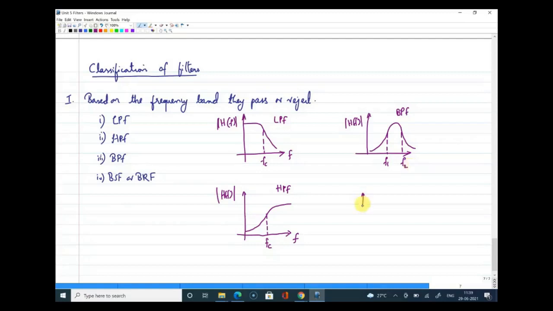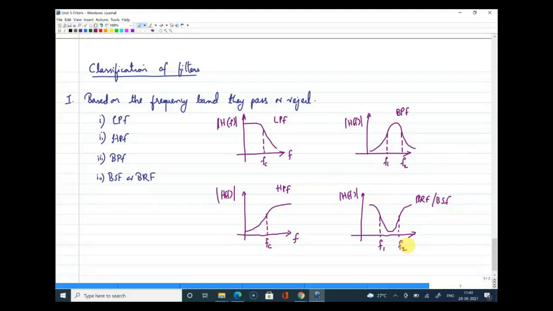And finally, we have the filter called the band reject filter, where the response is the inverse of that of band pass. We call this a band reject filter or band stop filter. Here also, this filter will reject a set of frequencies, a band between two frequencies, or in certain cases it will remove one single frequency.